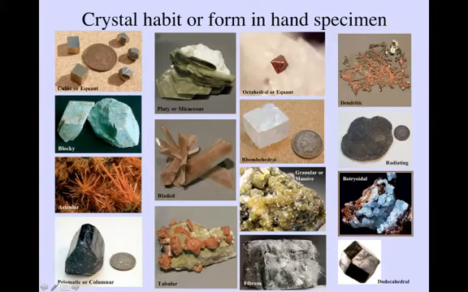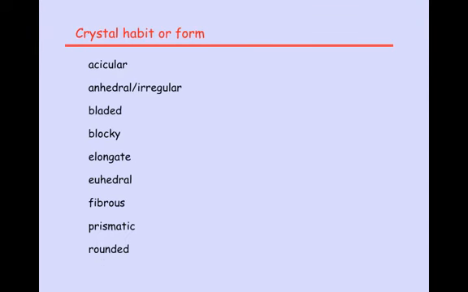But terms like granular or massive or botryoidal don't really apply. Fibrous, sure, you could see fibers in a thin section. So consider that you're going to describe habit in thin section somewhat differently from how you do it in hand specimen.